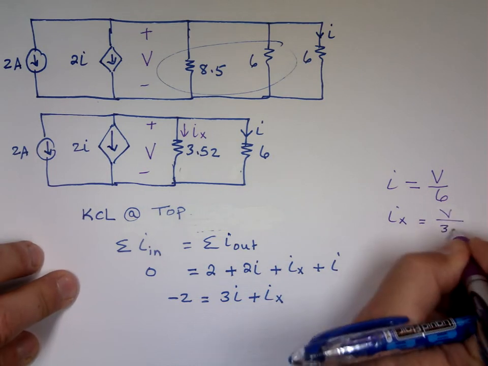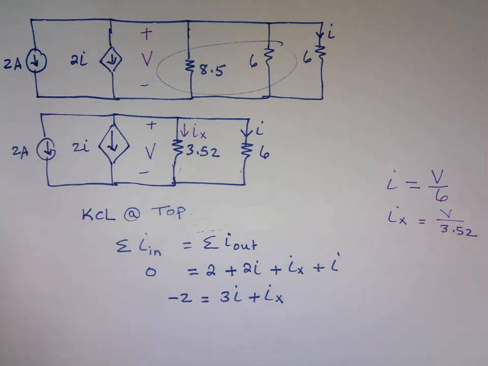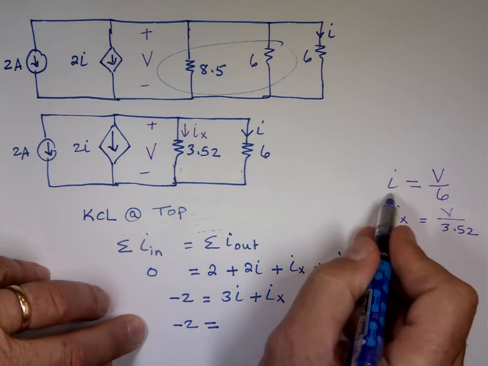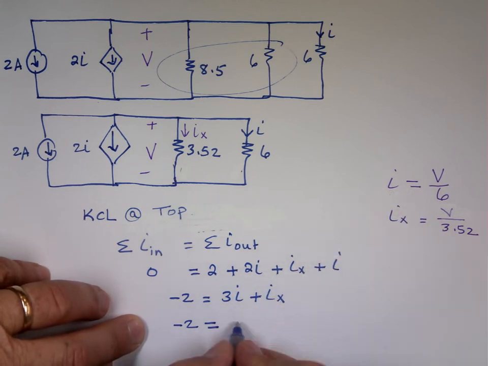So that's what I and I sub x equal. Let me put them in now. 3 times I, that's 3 over 6, which is what? 0.5 V.